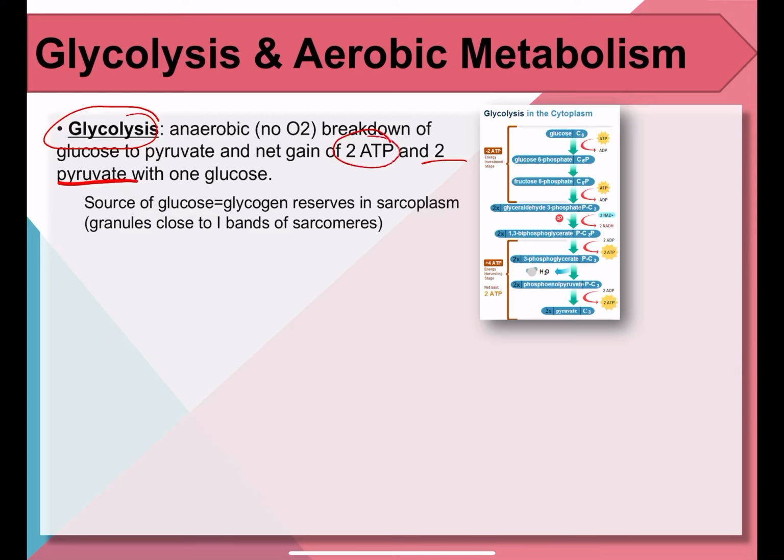For muscle fibers, the source of glucose will come from glycogen reserves, which are these branched polysaccharides that are stored in your liver and your muscle cells, and they can be used in times when you have already burned out all the glucose circulating around in your blood.